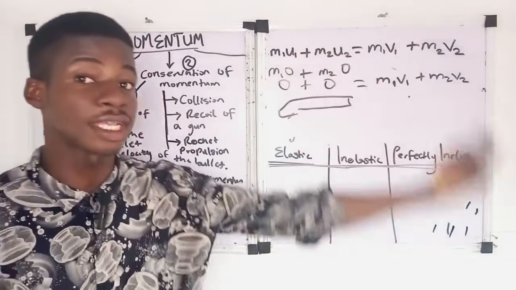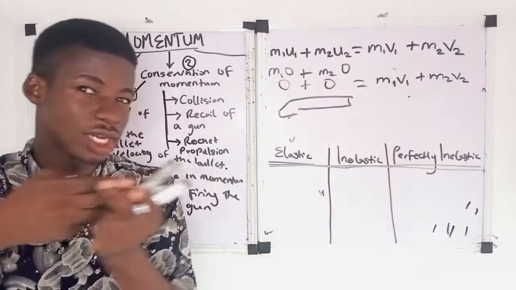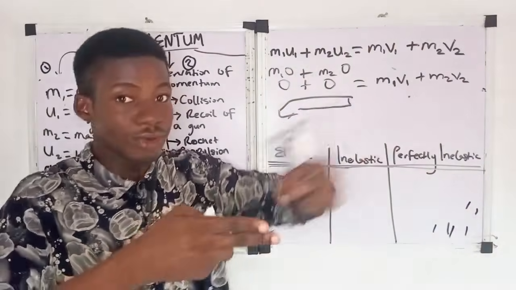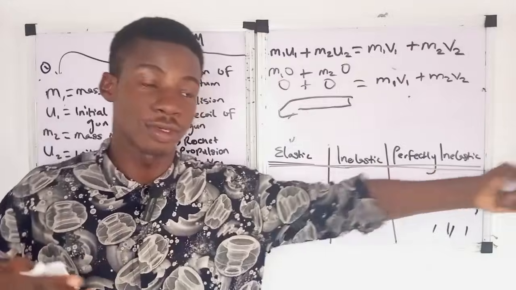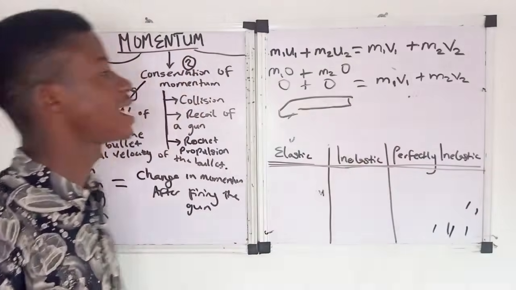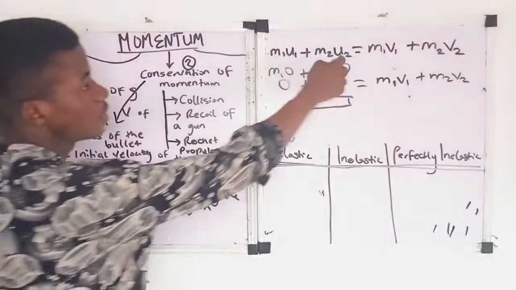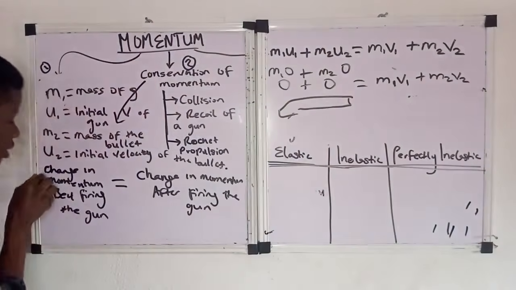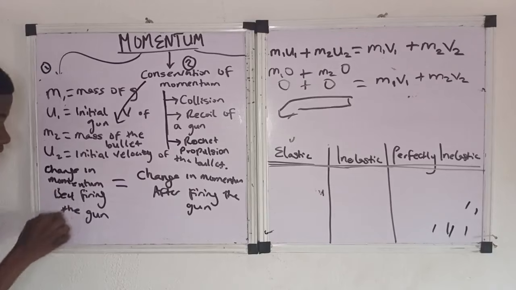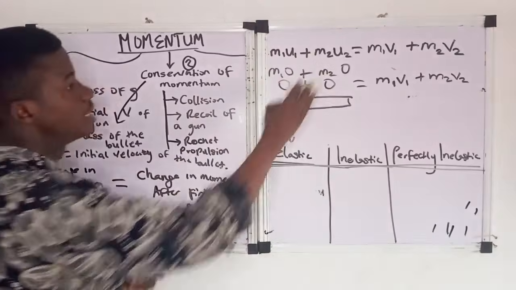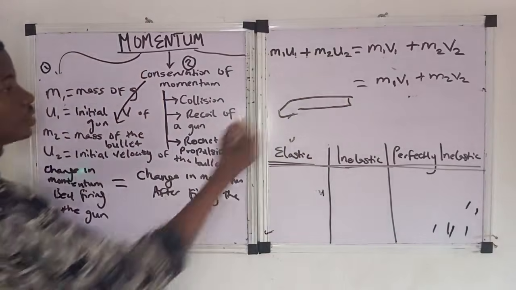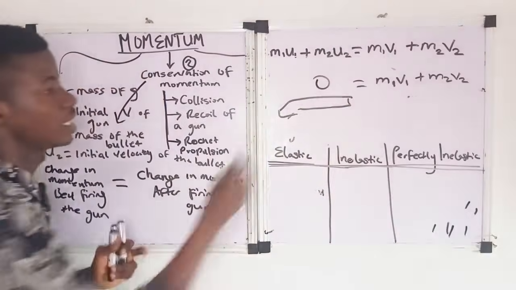But after you fire the gun, it usually moves back with a particular velocity, which is known as recoil velocity. Then the bullet will move forward with a very high velocity, right? So initially the velocity of the gun and the velocity of the bullet is zero. Therefore, the change in momentum before we fire the gun is zero, right?